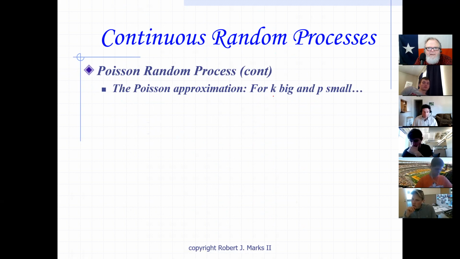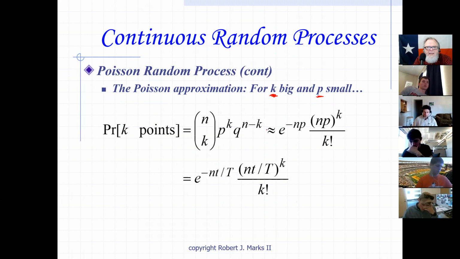We're going to make k big. What is k? That's the total number of successes we have, and the probability of success small. And here's what we get. We get the probability of k points in this is approximately equal to this, which is a Poisson.